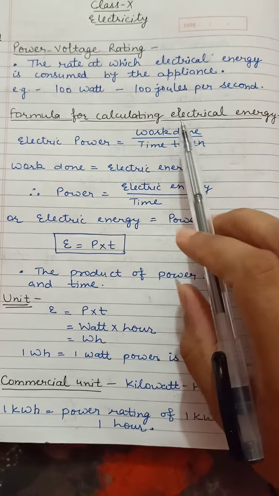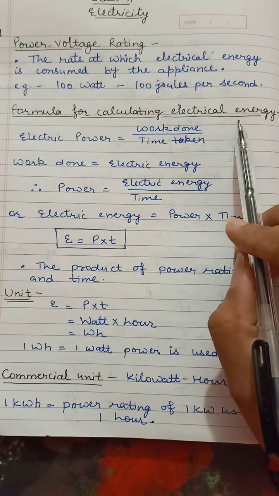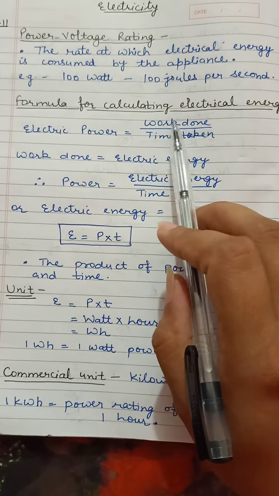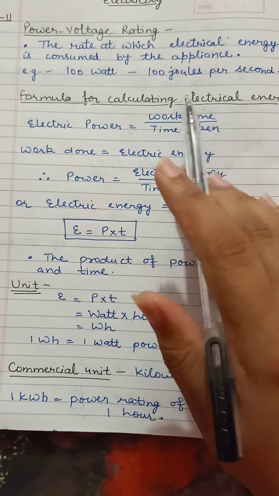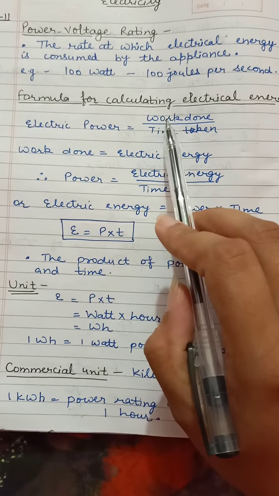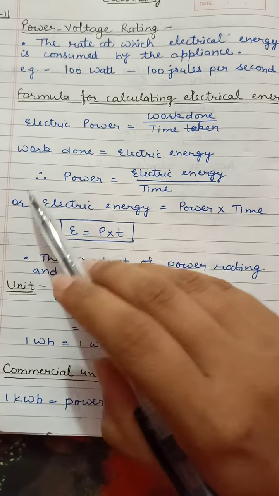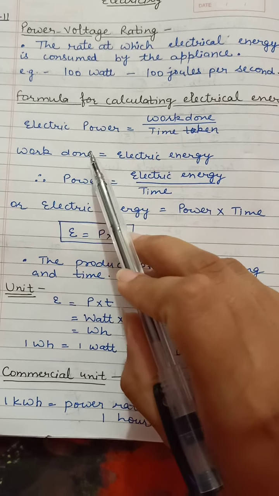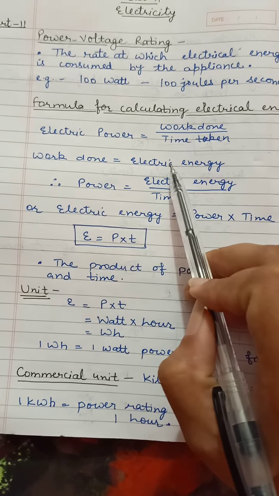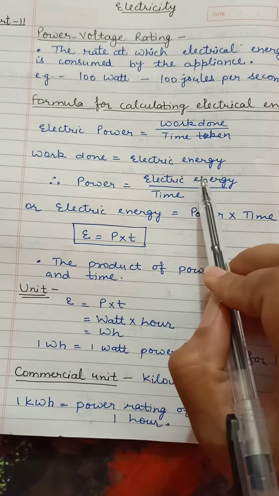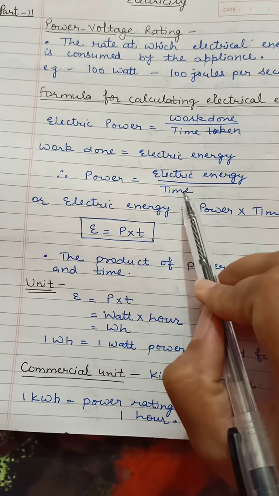The formula for calculating the electrical energy. The electrical power is equal to work done upon time taken. We have done this in the previous topic. So work done is equal to electrical energy. How much work is done, that is equal to the electrical energy consumed. So power is equal to electric energy divided by time.